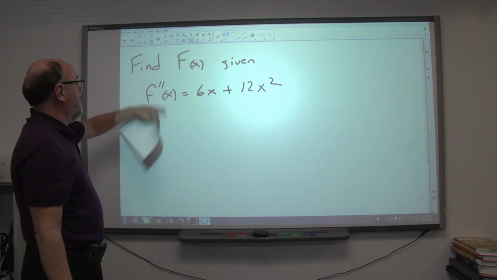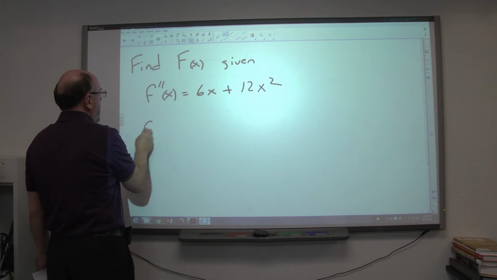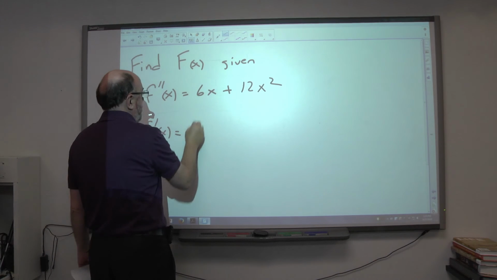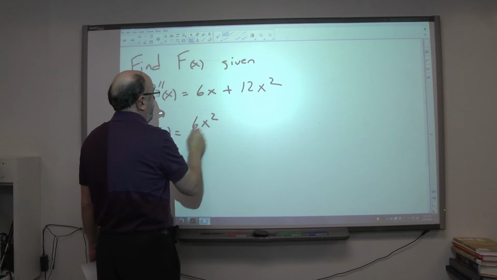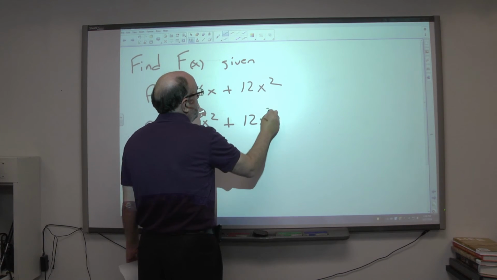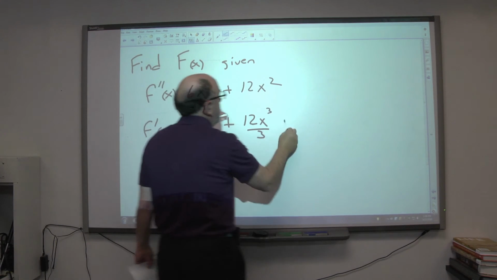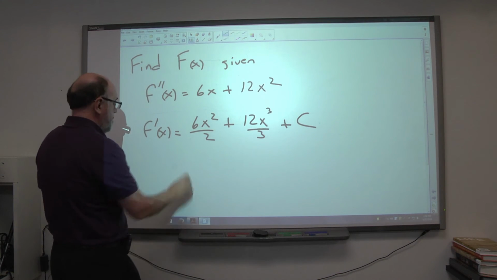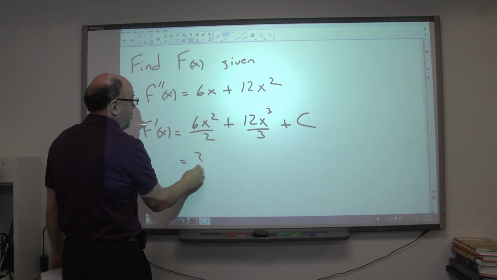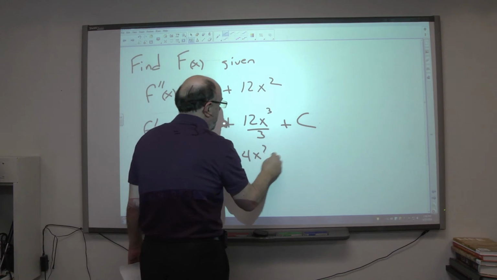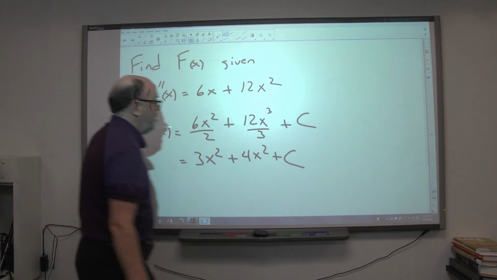And if I do the antiderivative of that, we end up at the first derivative. So this is going to be 6x squared over 2, 12x cubed over 3, plus c. But then this can be simplified. 3x squared plus 4x cubed plus c.